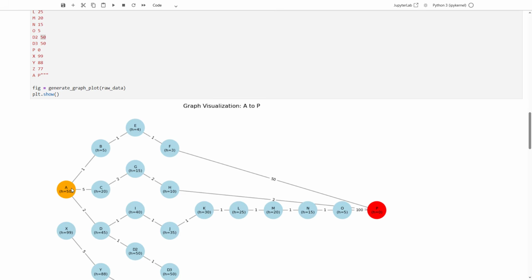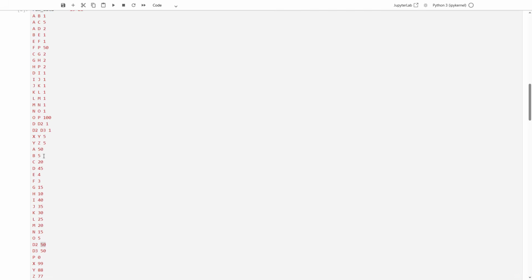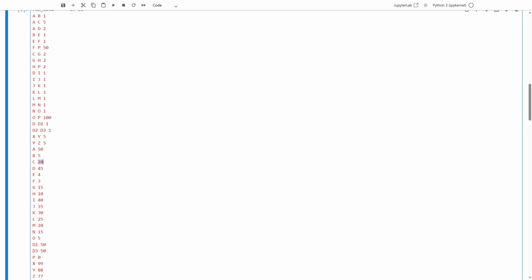And we cannot change the physical road distance because the road exists there. But what we can do is we can change the heuristics of the algorithm. So, yeah, the C would be, let's find it here. The C is 20.